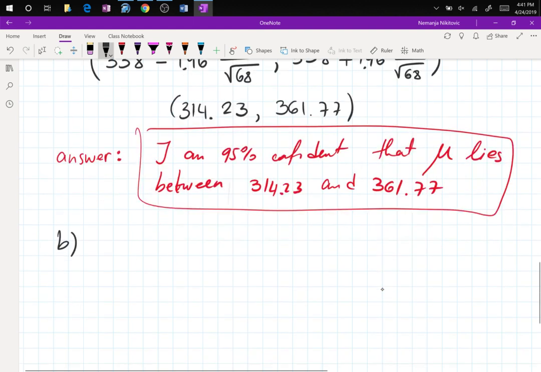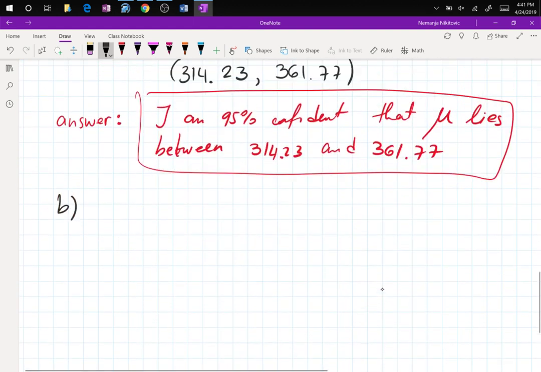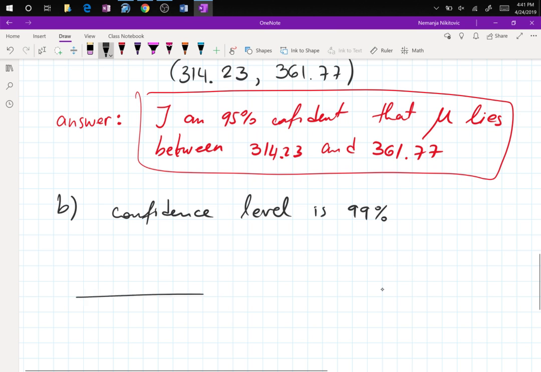We'll say that the confidence level now is 99%. So for 99%, we draw our curve, and now I need 0.99 in here. That means the tails are 0.005 each as areas.